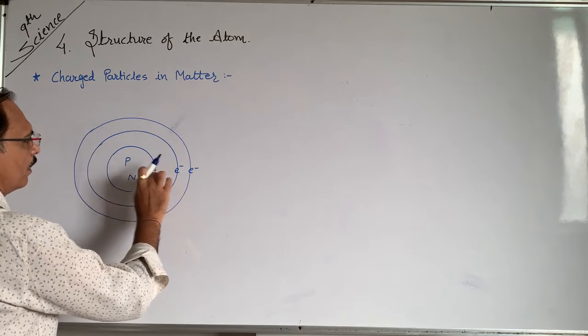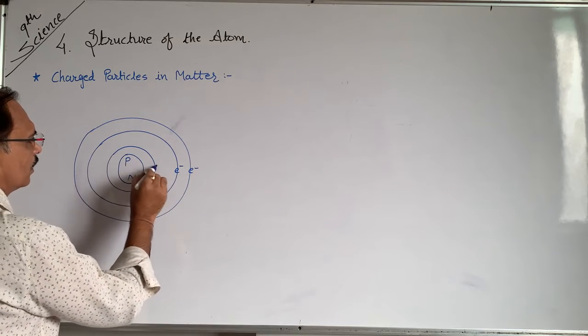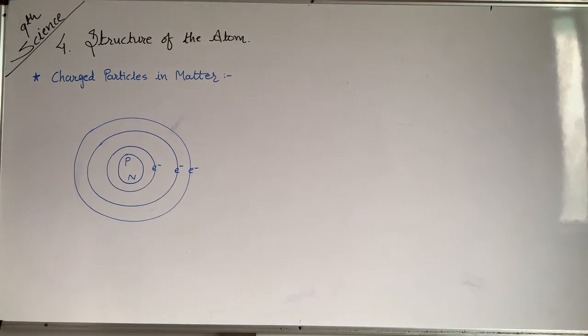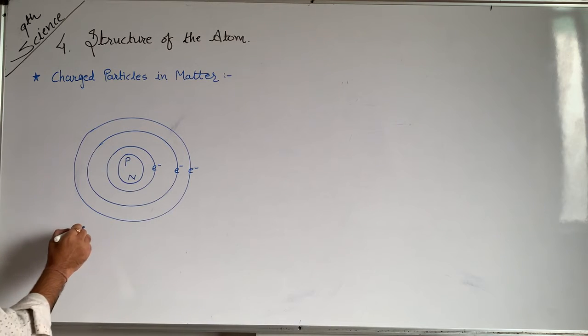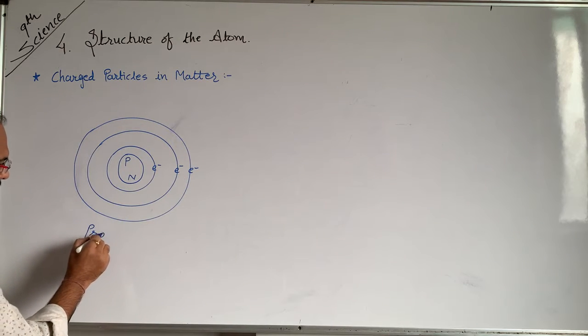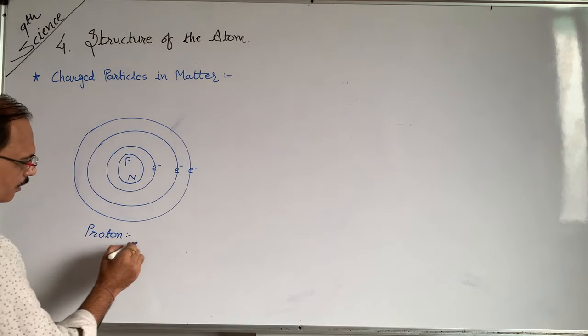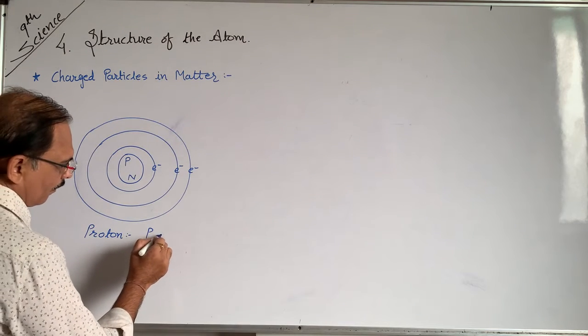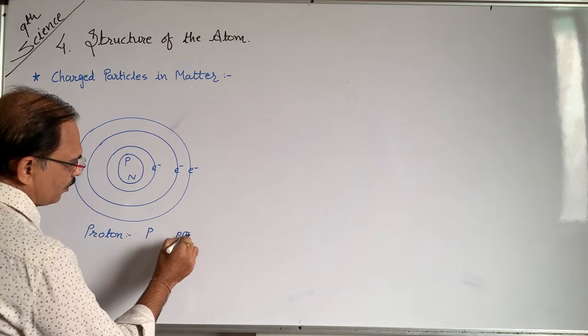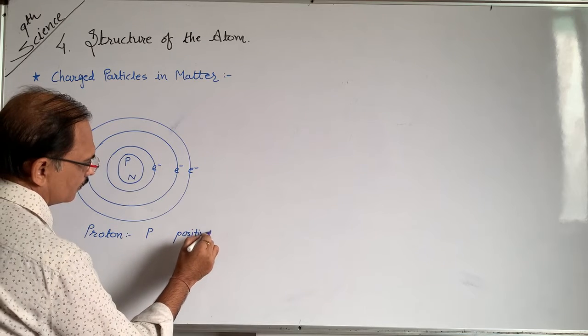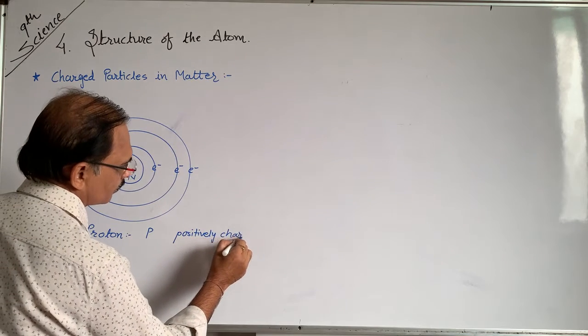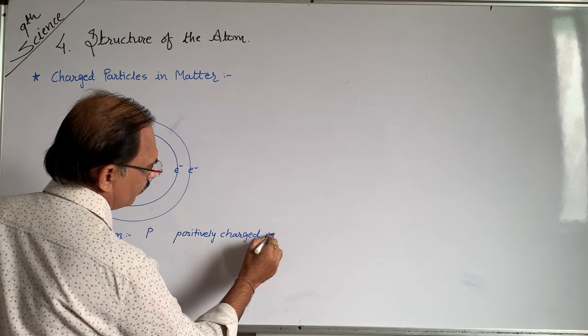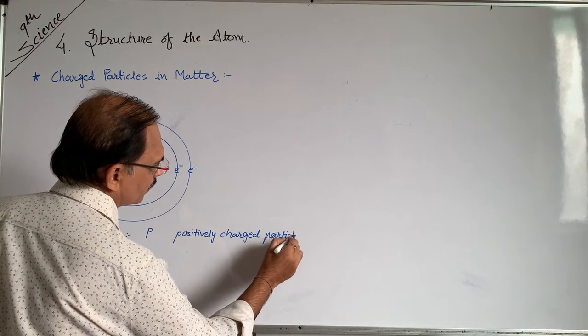Okay. Suppose this is a proton and an electron. Now you know that the proton, the symbol is P, is a positively charged particle.